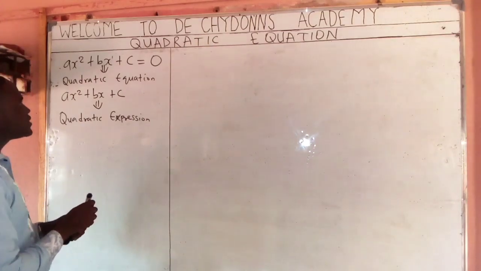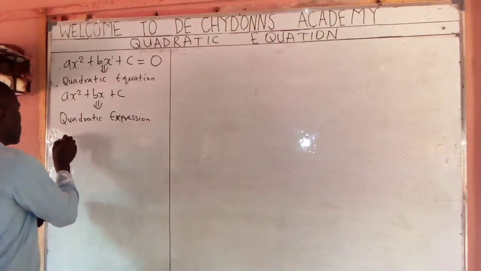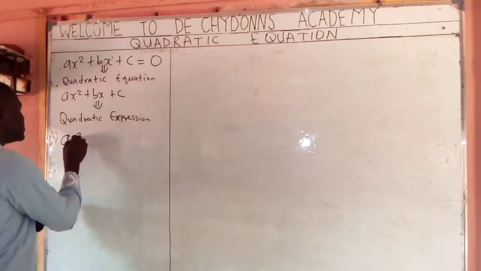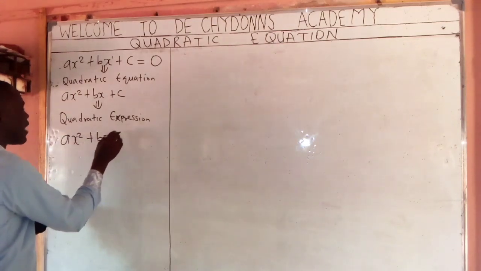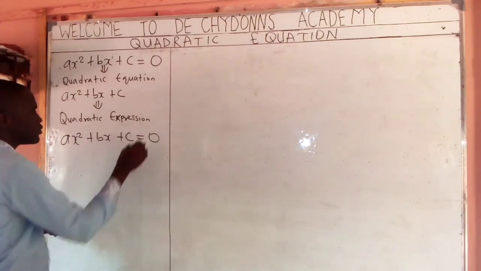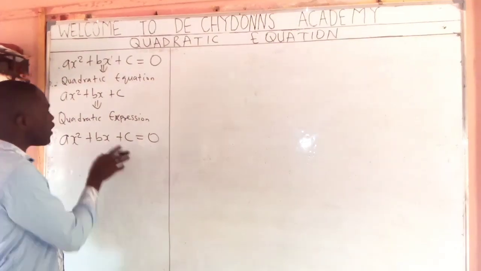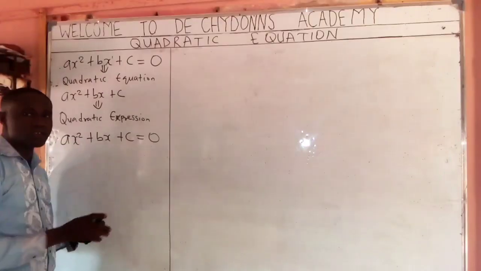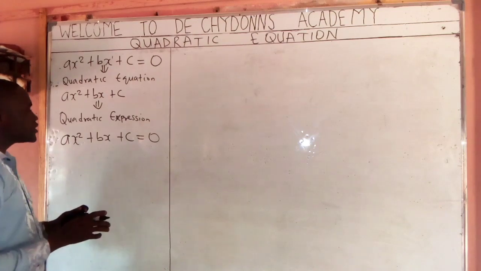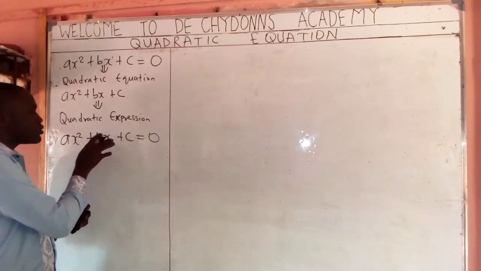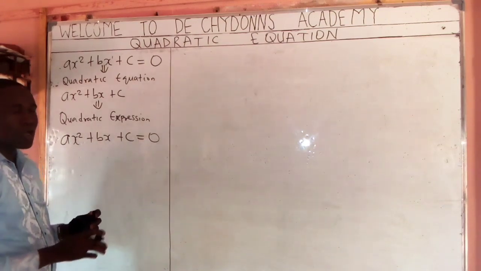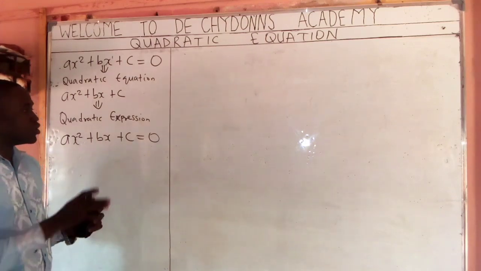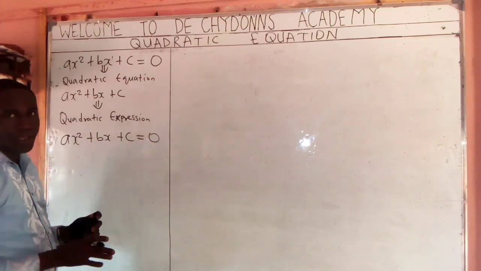Then, the next thing is, do you know that this general form of the quadratic equation can be solved? Yes. When you solve this general form using the completing the square method, you will get the quadratic formula.